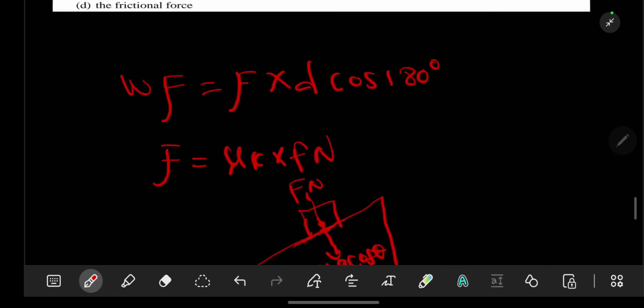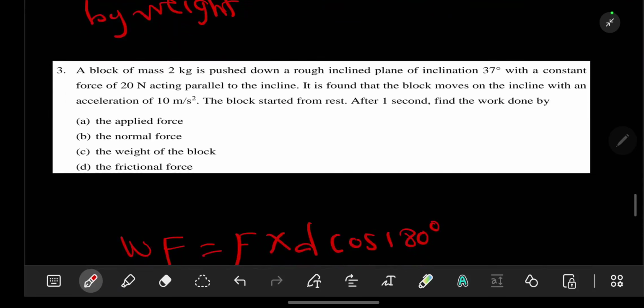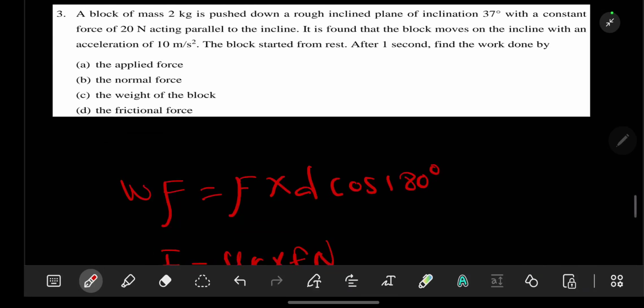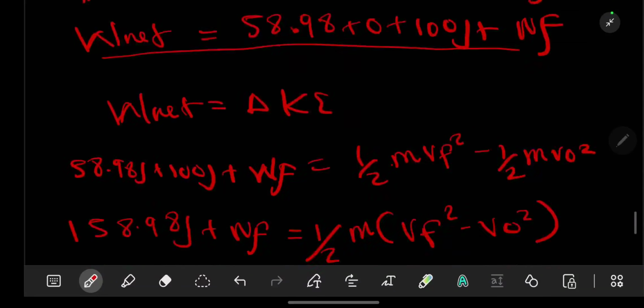For the final velocity, we are told it is being pushed down, so we need to find the velocity in that case.